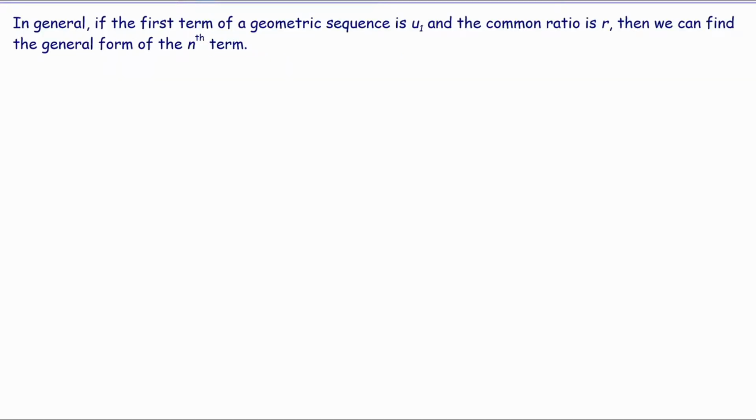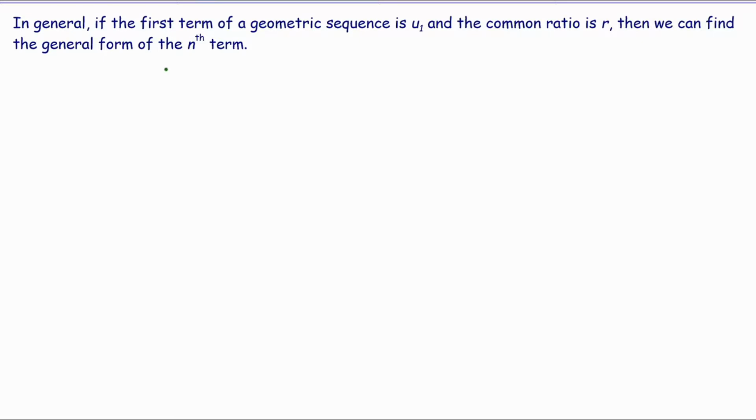All right. In general, if the first term of a geometric sequence is u1 and the common ratio is r, then we can find the general form for the nth term. We can use the same idea that we used in the previous video. The first term is just u1.